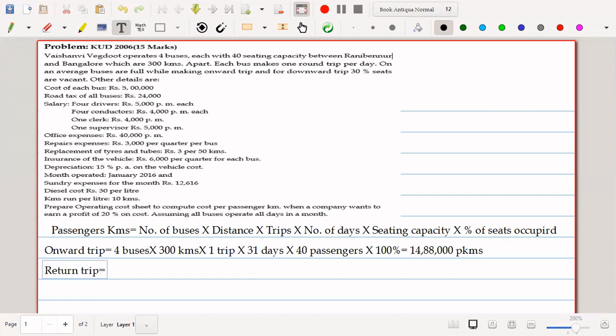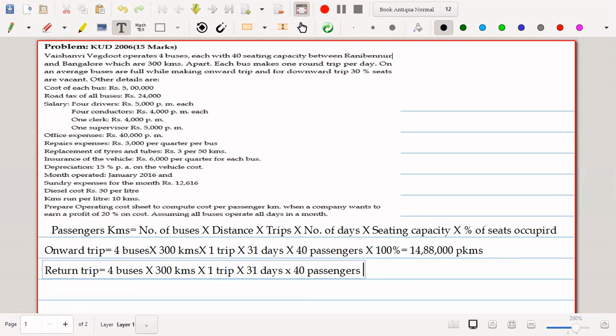That is equal to number of buses, 4 buses, into 300 kilometers, into one trip, coming back, one trip, into 31 days, into 40 passengers. The only thing that changes here is the percentage of seats occupied.